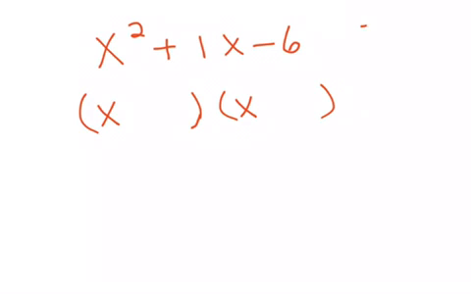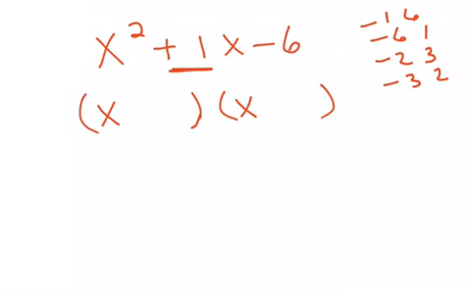Well, it could be negative 1 times 6. It could be negative 6 times 1. It could be negative 2 times 3, or negative 3 times 2. It could be any of those. Now, I have to use one, however, that adds up to a positive 1, and that multiplies to negative 6.